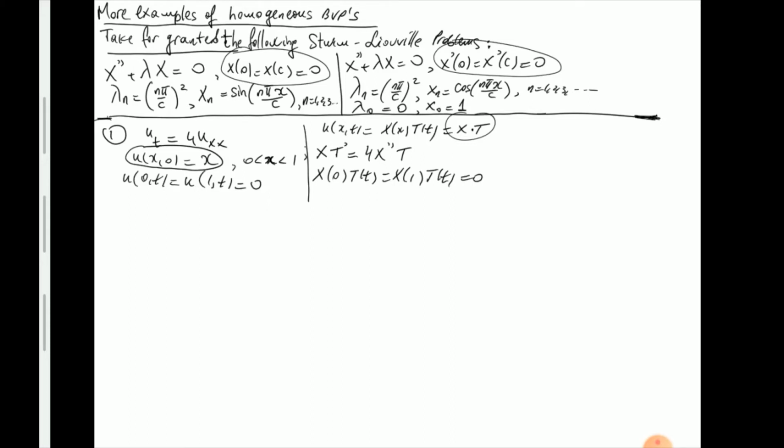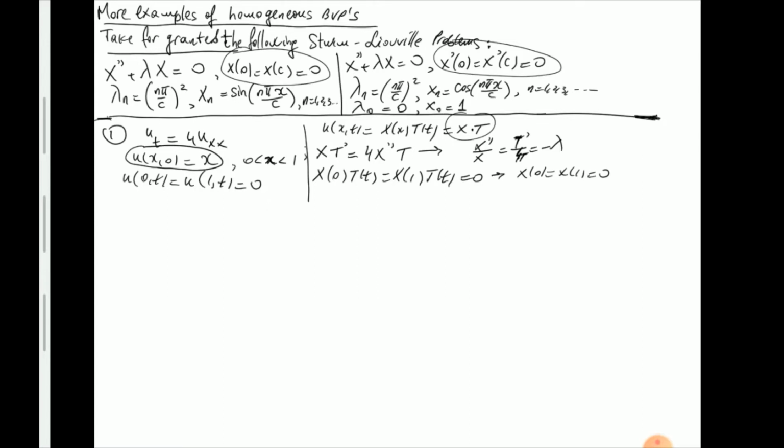If this is to be true for any t, this implies X of 0 equals X of 1 equals 0. And then when we separate the PDE, we end up with X double prime over X equals T prime over 4T equals a separation constant, which is denoted by minus lambda.